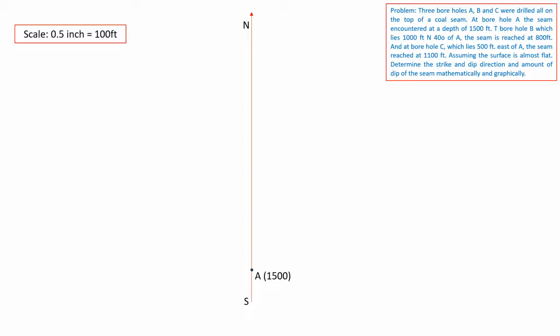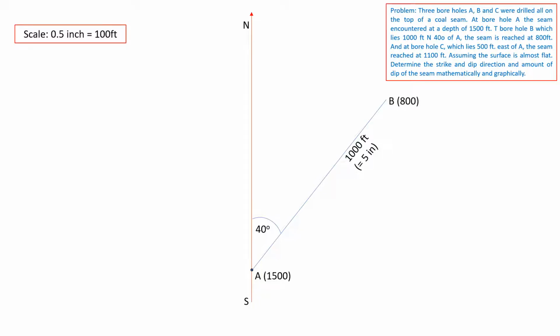Measure north 40 degrees at A and draw AB such that AB is equal to 1,000 feet.